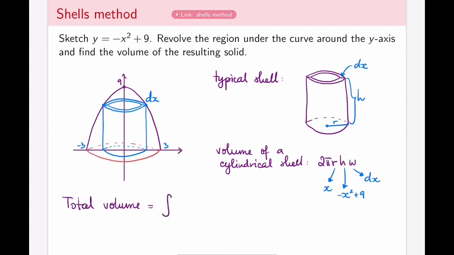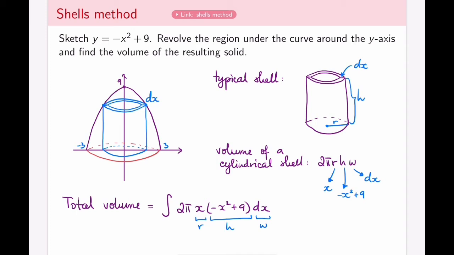So it's going to be the integral, and then I plug in the volume of a typical shell, but with all of the information already imported into my integral here. So I'm going to have 2 pi times the radius, which is x, times the height, which is minus x squared plus 9, times the thickness, which is dx. Okay, so notice again, let me label this here. This is the radius, this is the height, this is the width of my cylindrical shell.